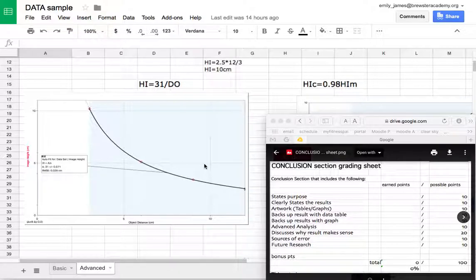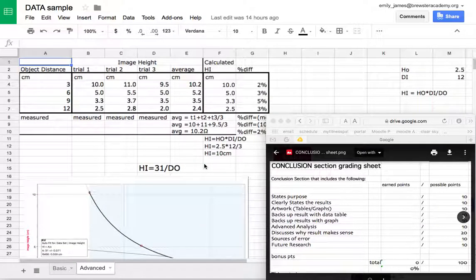In advanced analysis, we want to go back up here and look at percent difference numbers. The percent differences are comparing the calculated image height to the measured image height, and we get very low numbers. We get as low as 2% off and as high as 5% off. And we got that formula by analyzing the graph.